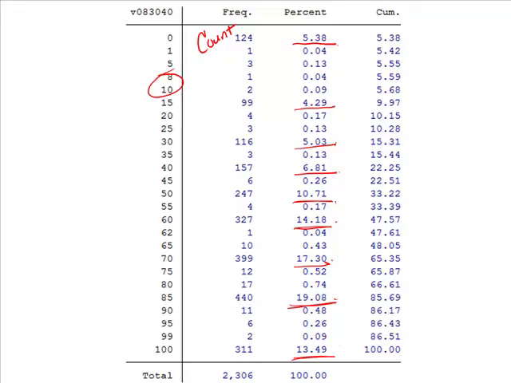Sure, right? What she's suggesting is we take this data and we divide it up into different categories.